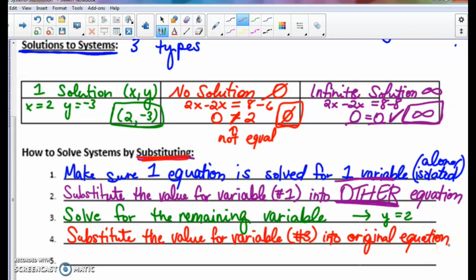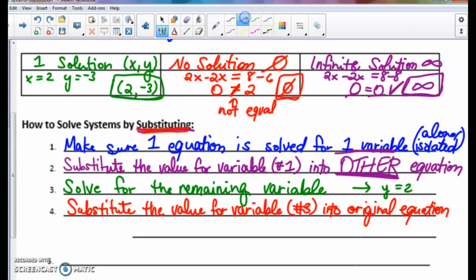Now the last little part here, so if we solve for the other variable here at step 4, so when we substitute that value for the variable from step 3 into the original equation, we're going to then solve for the other variable. And when you do that, then you have your x equals 3.